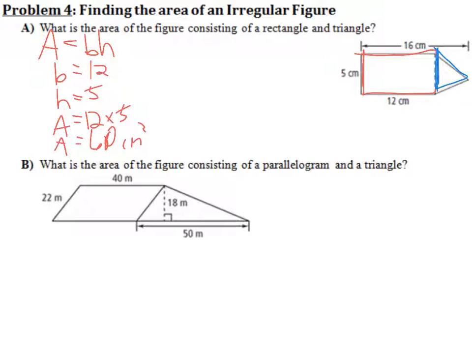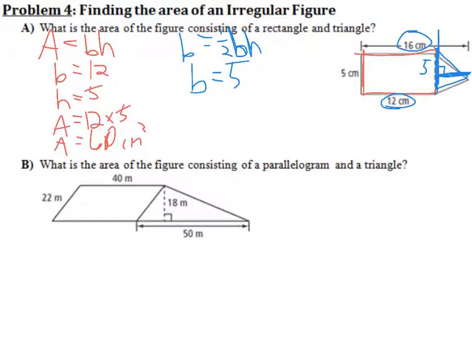For the triangle, this is going to be my base. So again, I'm going to be looking for base and height. My formula for triangle is 1/2 base times height. I know this side length is 5 because the other side of the rectangle is 5. So my base is going to be 5. Now the other side I can find is this for my height. And how I can find that is I know the whole thing is 16 and the rectangle's only got a side length of 12.